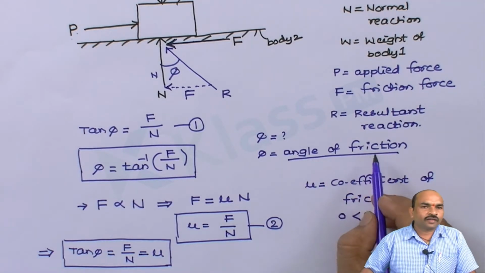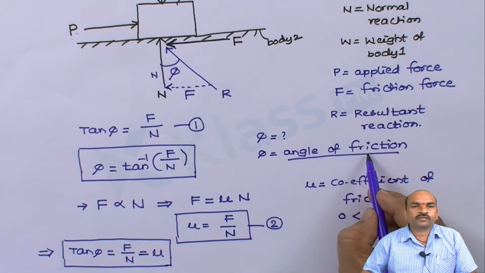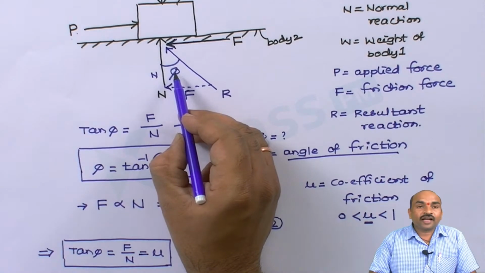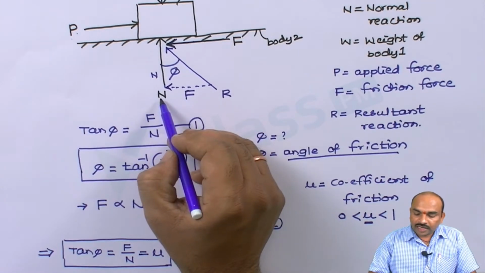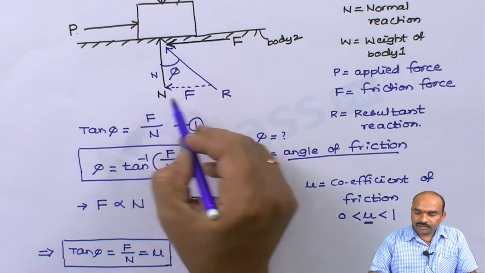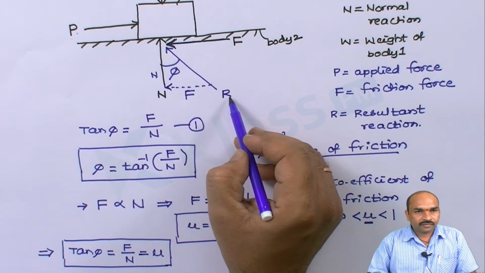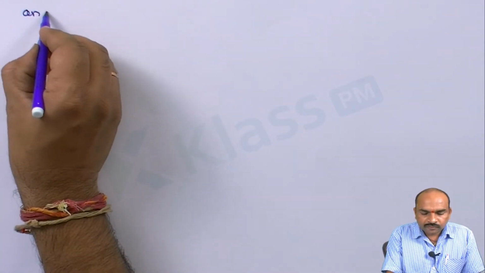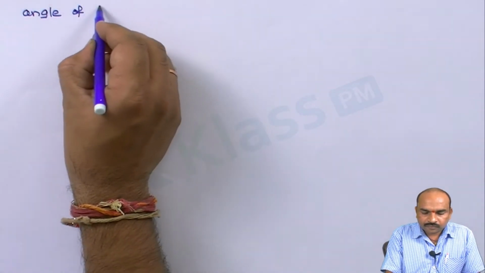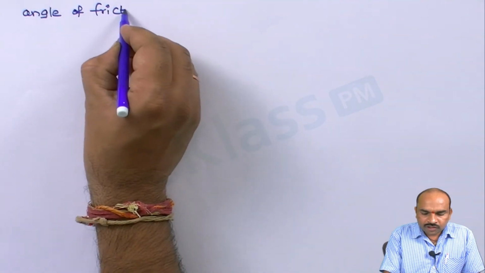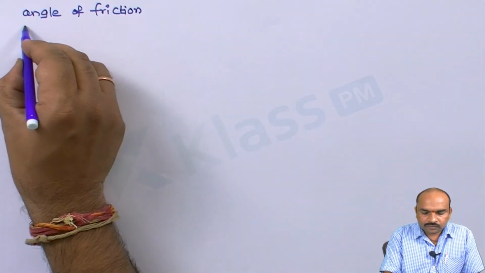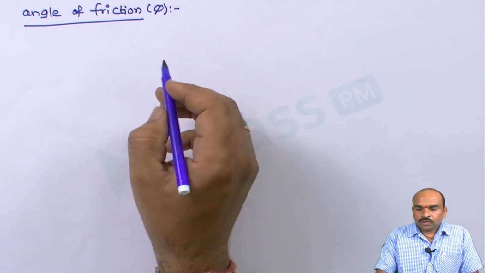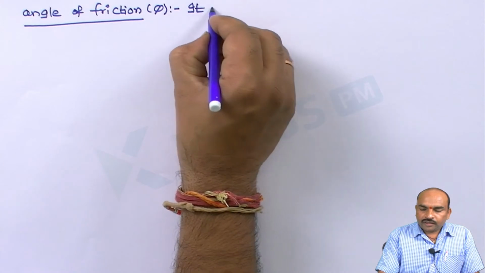Now, we are talking about the angle of friction here, so first let us define what the angle of friction is. The angle of friction can be defined as the angle between the normal reaction N and the resultant reaction R. Let us see the definition.